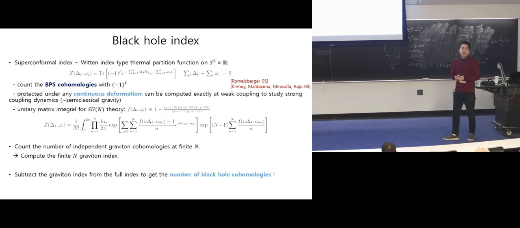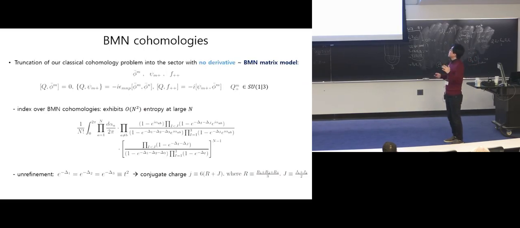However, it turns out that this problem is a bit technically difficult, so we want to truncate our problem, which was already introduced in Sun's talk. So we want to truncate our classical cohomology problem into the sector with no derivative. So without derivative, the problem becomes much, much easier.